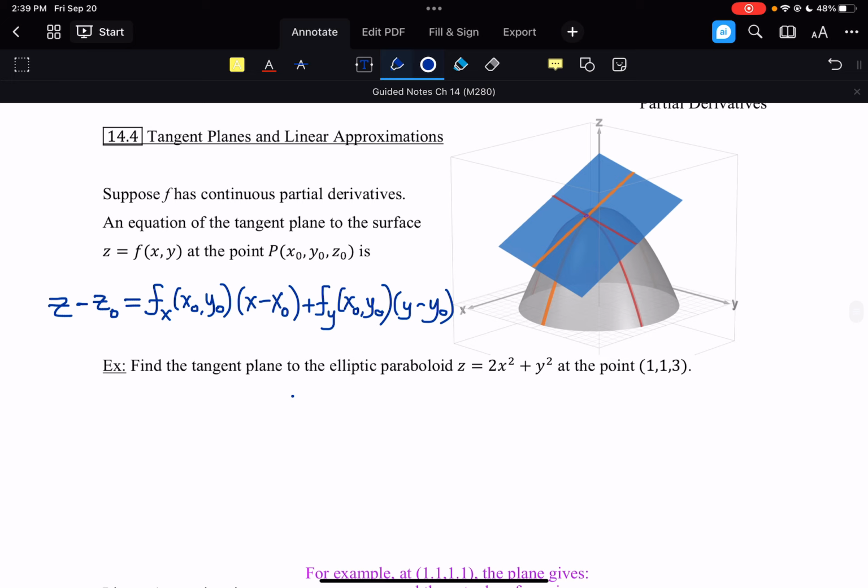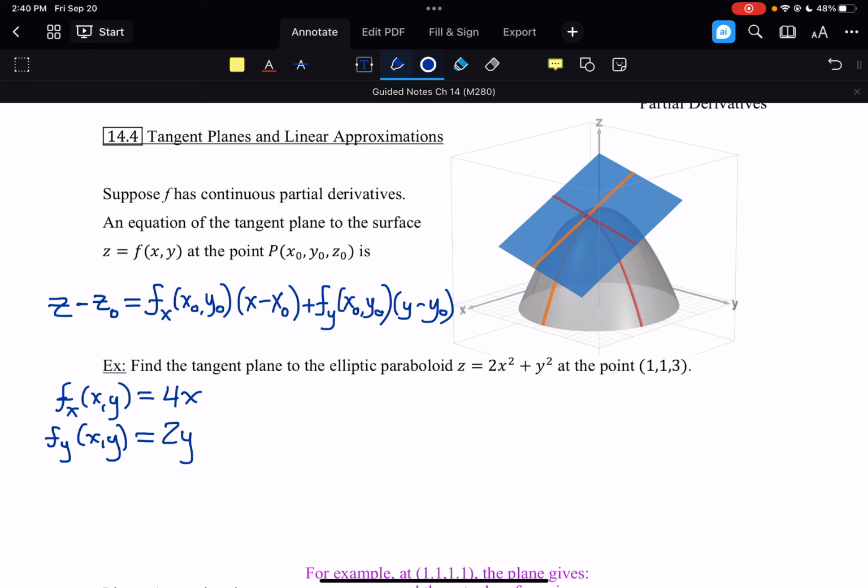Find the tangent plane to the elliptic paraboloid z equals 2x squared plus y squared at the point (1, 1, 3). So we need a couple of partial derivatives. We're going to get fx of (x, y), the partial derivative with respect to x. That's going to give us a 4x and a 0, so just 4x. fy gives us 0 and 2y.